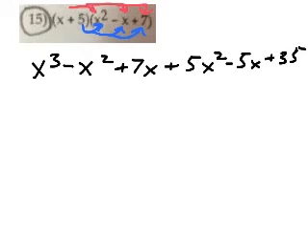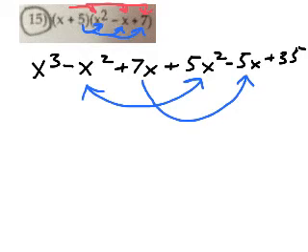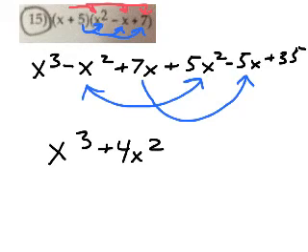I'll combine that one with that one, and this one with this one, which gives us, as we got before, x to the third power plus 4x squared plus 2x plus 35.